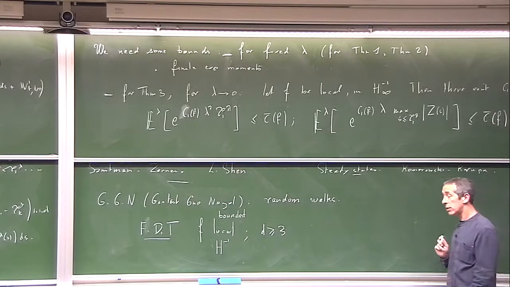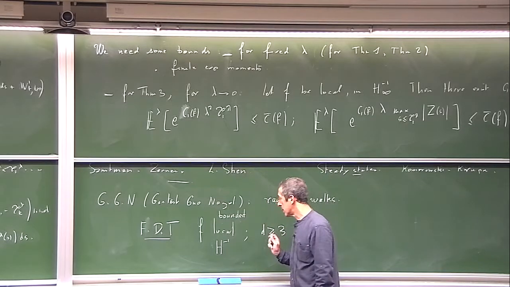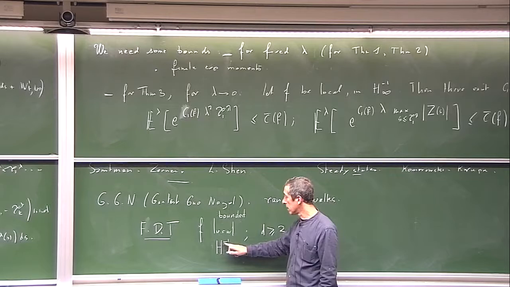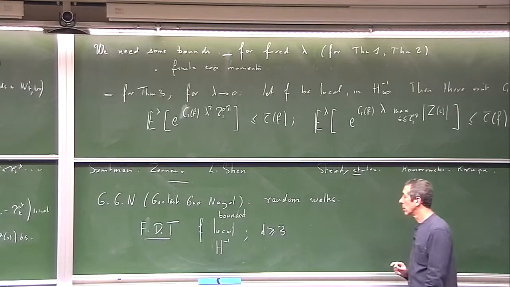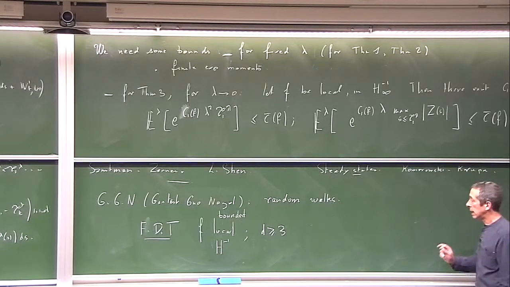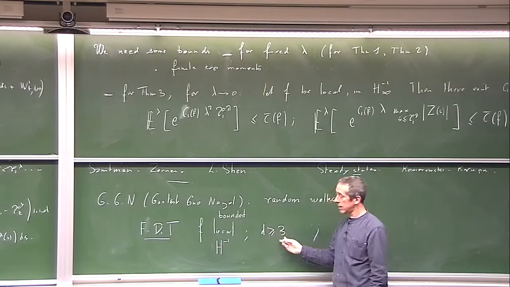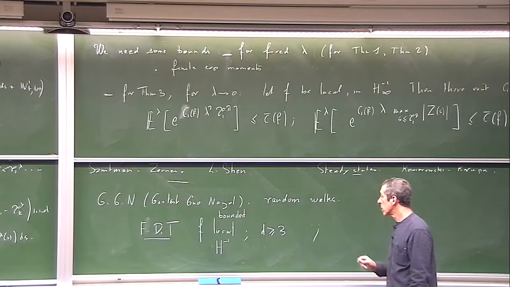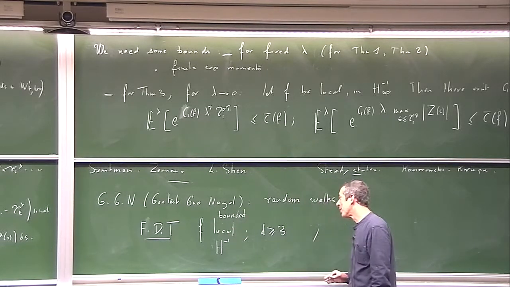So you see, it's a little bit different from what I stated, because it's actually better, because in my statement, I didn't have the condition h-1, I had h-1 infinity. It's also worse in the sense that they have to consider the case where d is larger or equal than 3. So actually, this may not be the right way to state the theorem.